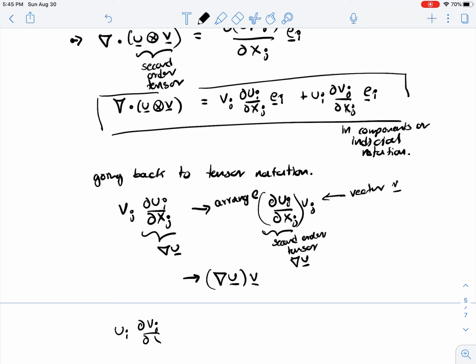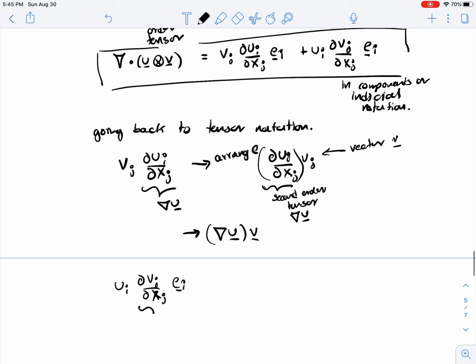Then let's think about the other term. We have Ui dvj dxj ei. This term right here, dvj dxj, should immediately make you think of the divergence of V. It's a scalar, and that's it.